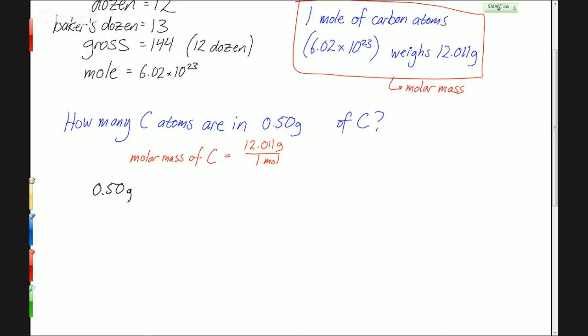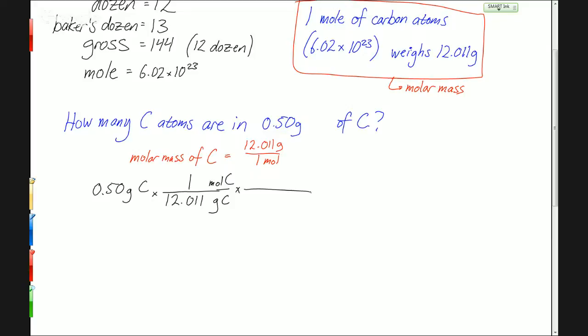If we have 0.50 grams of carbon, we can multiply that by a quantity that converts grams of carbon to moles of carbon. That quantity is the molar mass, what we just talked about. So we have to make sure the units line up properly. It's 12.011 grams per 1 mole.